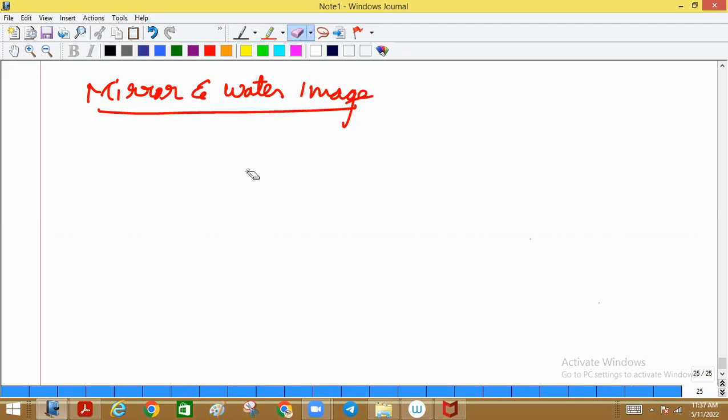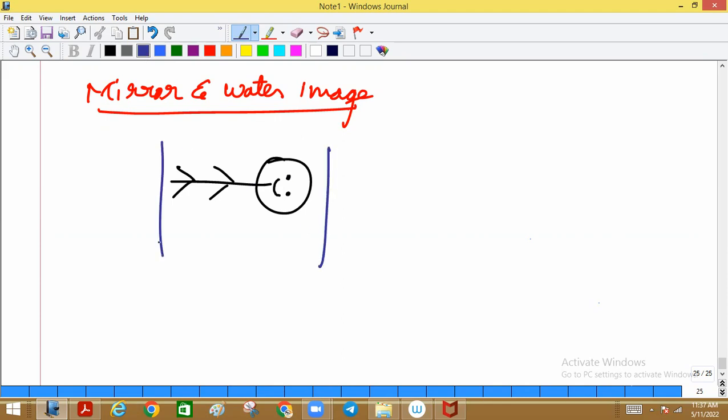We'll take the bigger image. If you want to draw a mirror image of this one, you can represent the mirror either here or here. It doesn't matter. That blue line is the mirror.